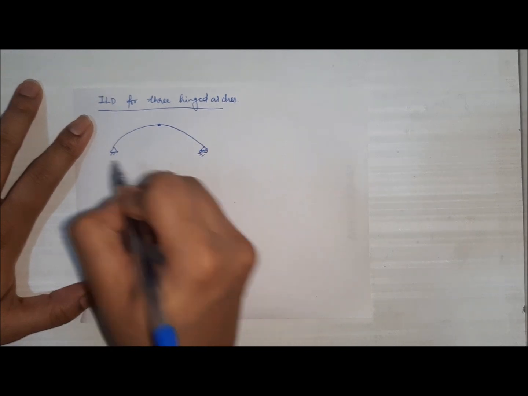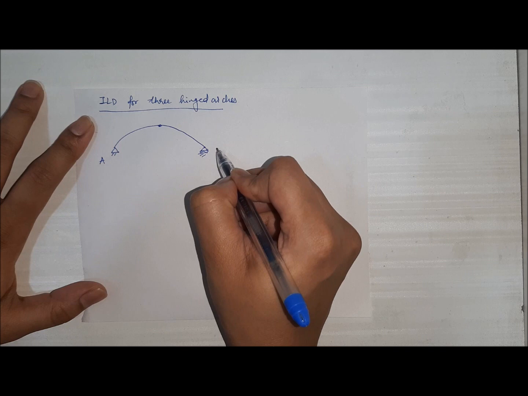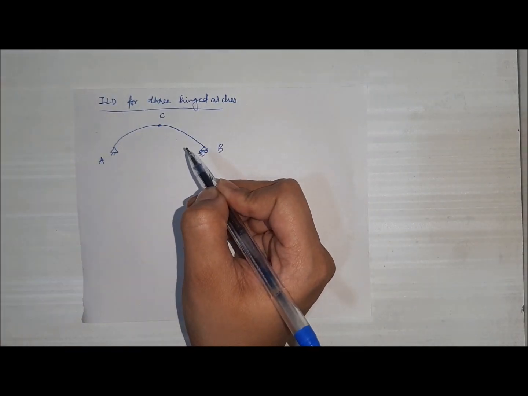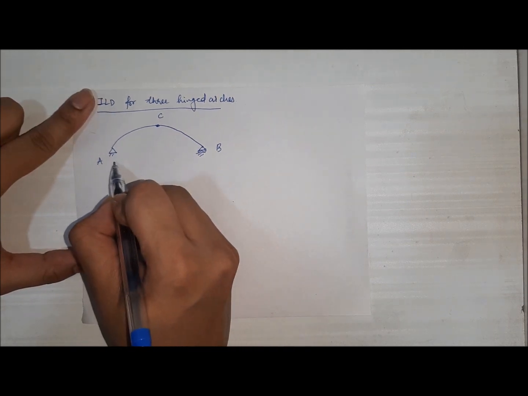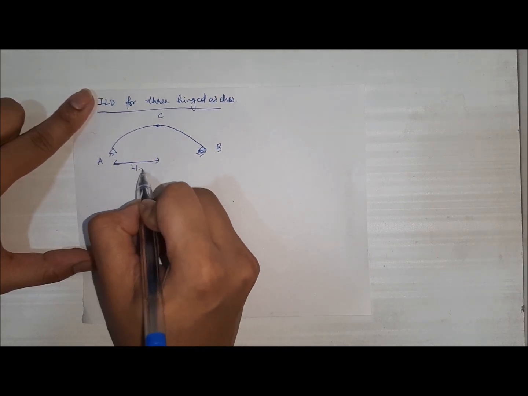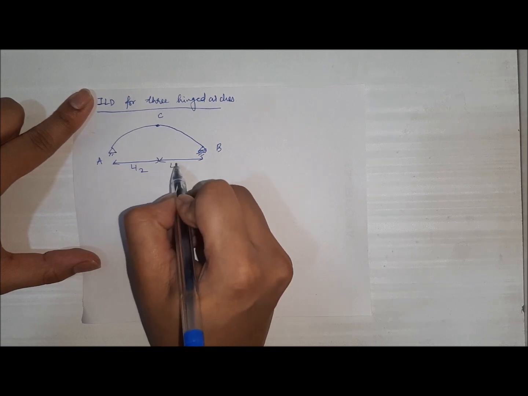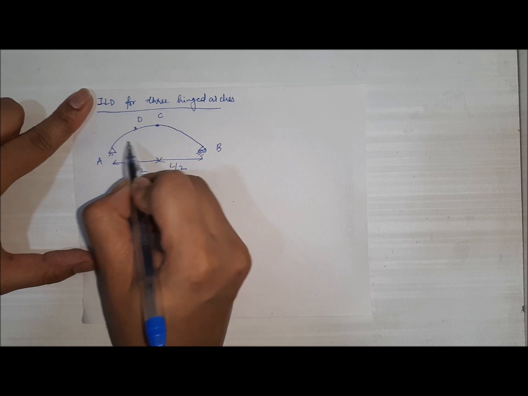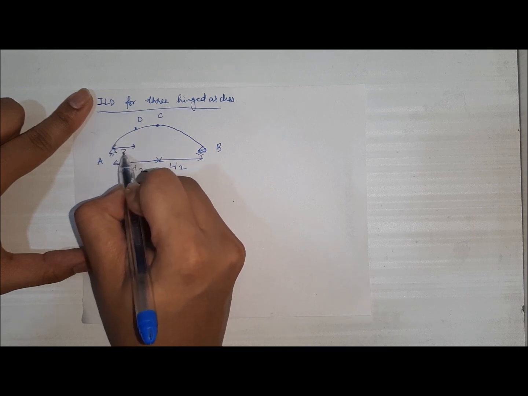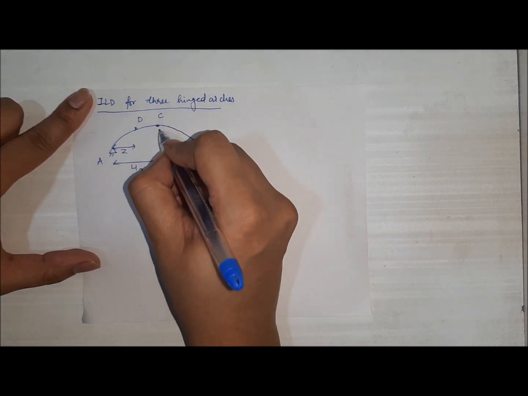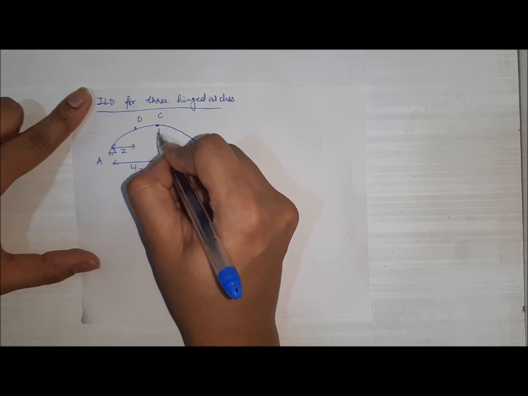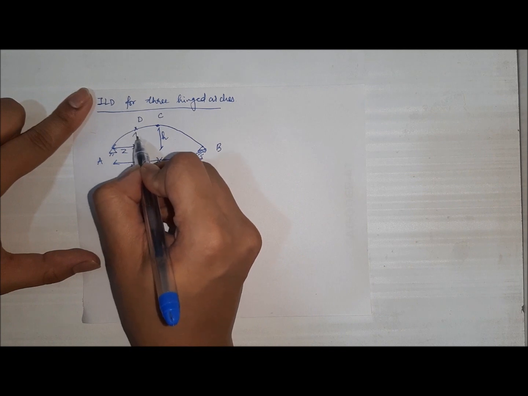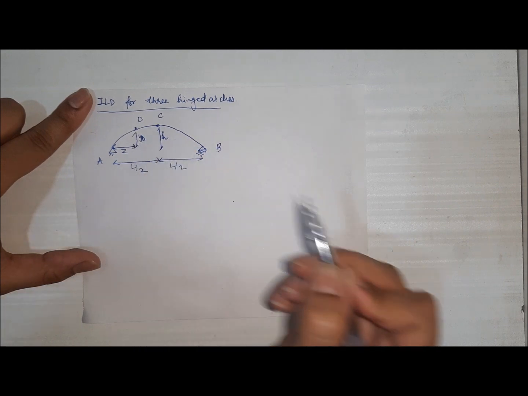One is at A, a hinged end, B, a roller, and C, which is provided as an internal hinge. The span of the arch is L by 2 and L by 2. Then we have a section at point D, which is Z distance from A. The height of the internal hinge is small h. The height of the point D is YD.